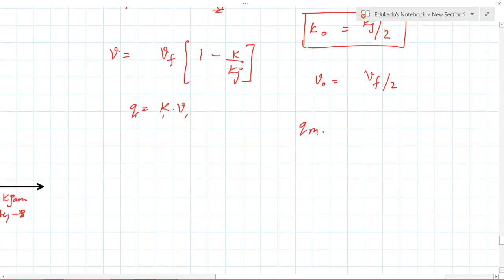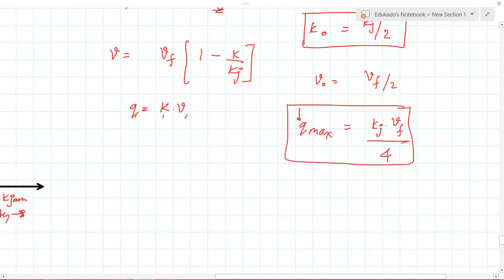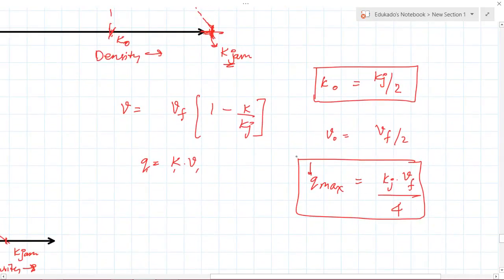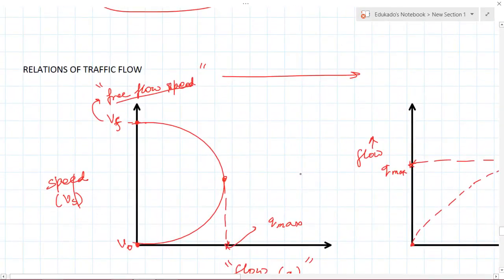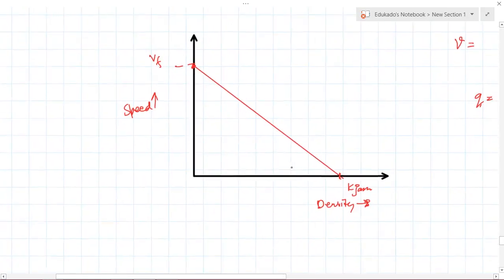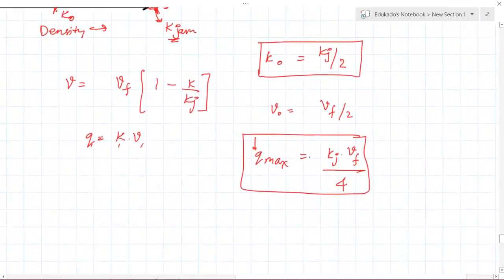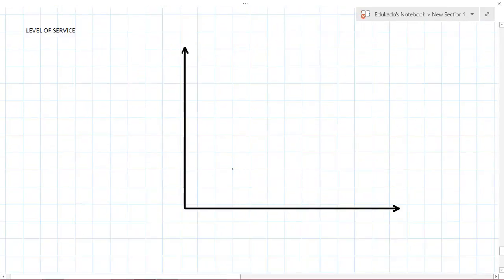Then from here I can say that Q max is equal to k times v, that is kj by 2 times VF by 2. I'm just multiplying these two things to get Q max equals kj times VF divided by 4. So these are some relationships for traffic flow. The important thing is to understand the graph and some of these relationships.